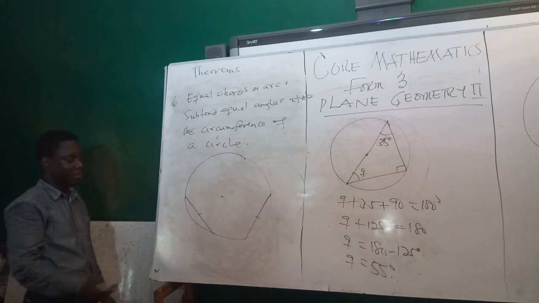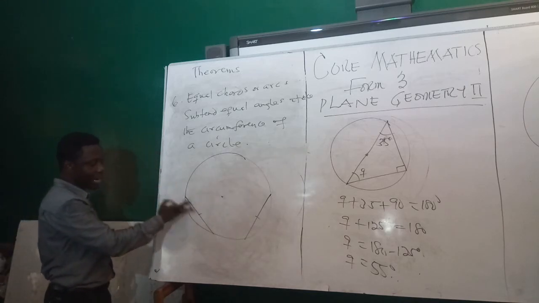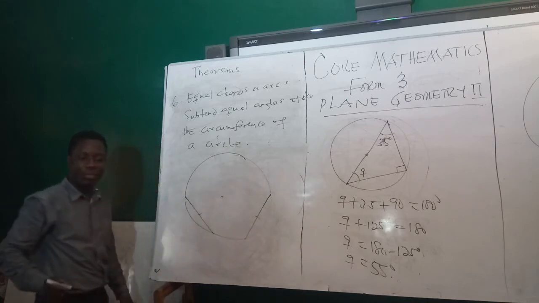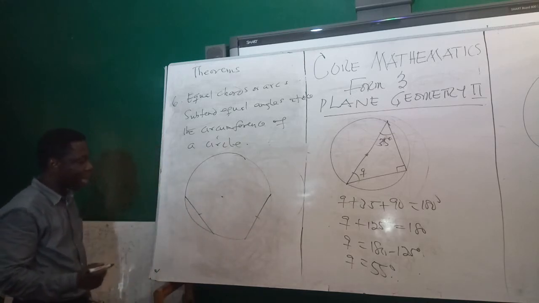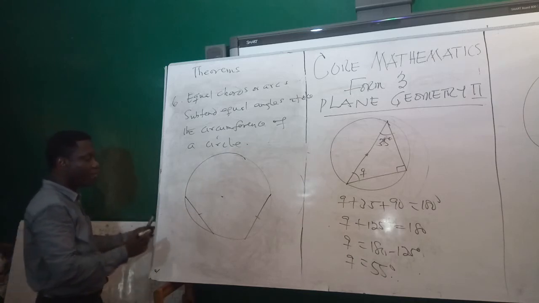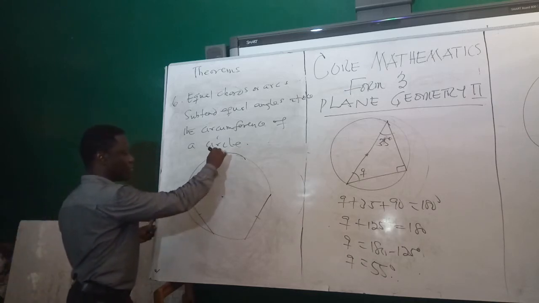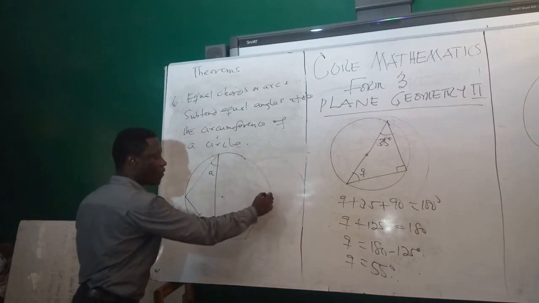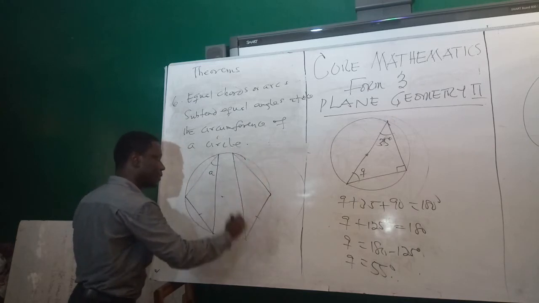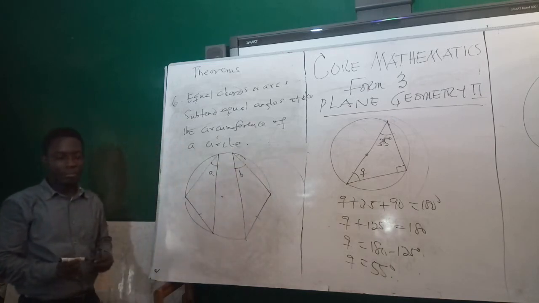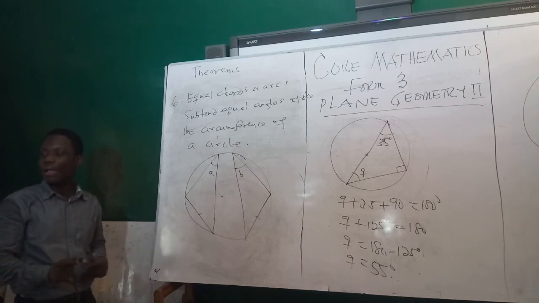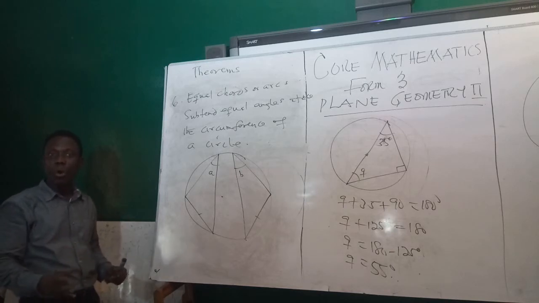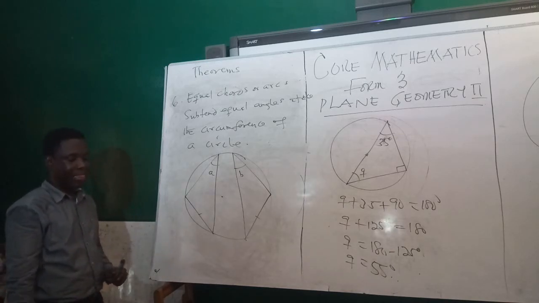Anytime in mathematics you see something of that nature, it's telling you that the length of this line is equal to the length of that line. We are saying that if this chord forms an angle at the circumference, for example here, say A, and this other chord also forms another angle at the circumference, say B, the property says that those two angles are also supposed to be equal because they are coming from two chords of the same length. Very, very important. So please take note of that.